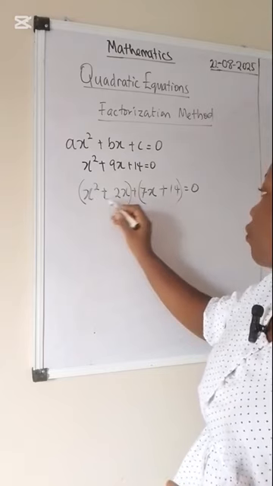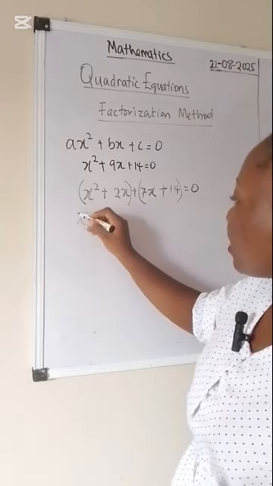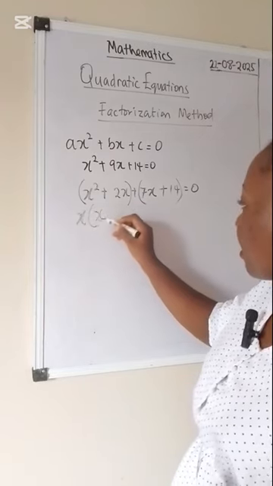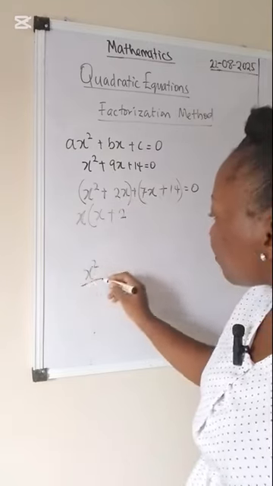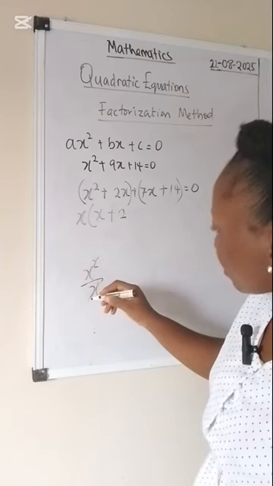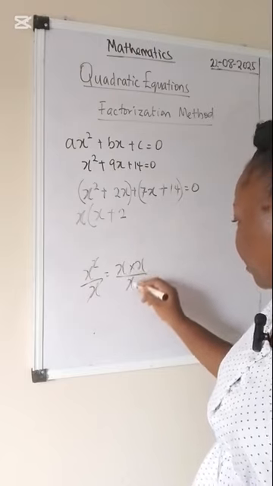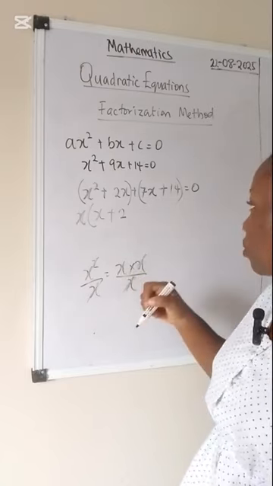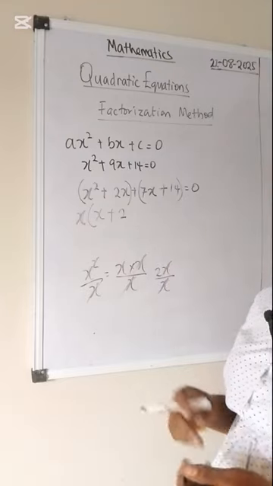Factorizing out x here means you are left with 1x here plus 2 here. It's like saying x squared divided by x: x times x divided by x, so x cancels out x and you're left with 1x. And 2x divided by x, you're left with 2.